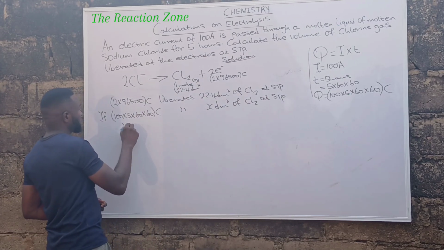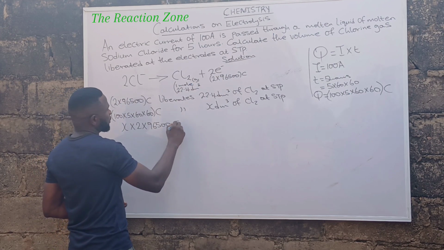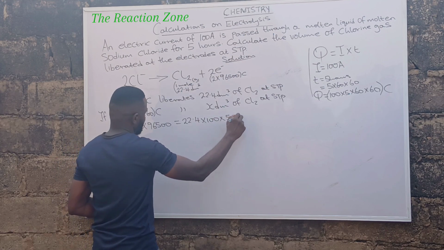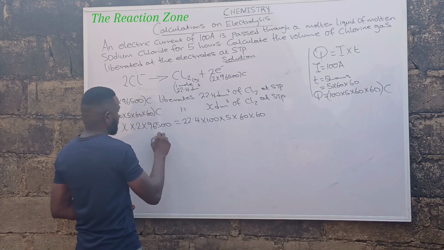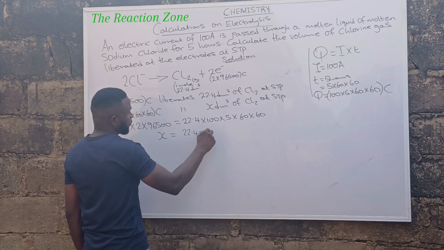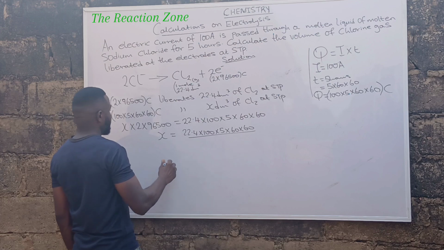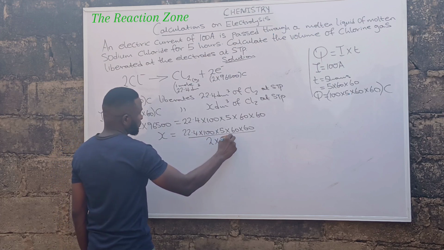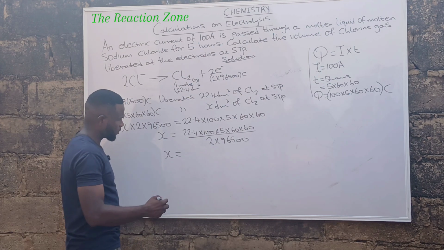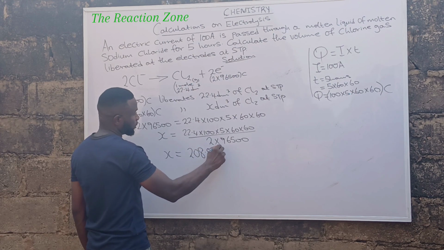So that is going to be X times 2 times 96,500 is equal to 22.4 times 100 times 5 times 60 times 60. And X is going to be 22.4 times 100 times 5 times 60 times 60 divided by 2 times 96,500. And when this is simplified, you're going to get 208.9 dm³.